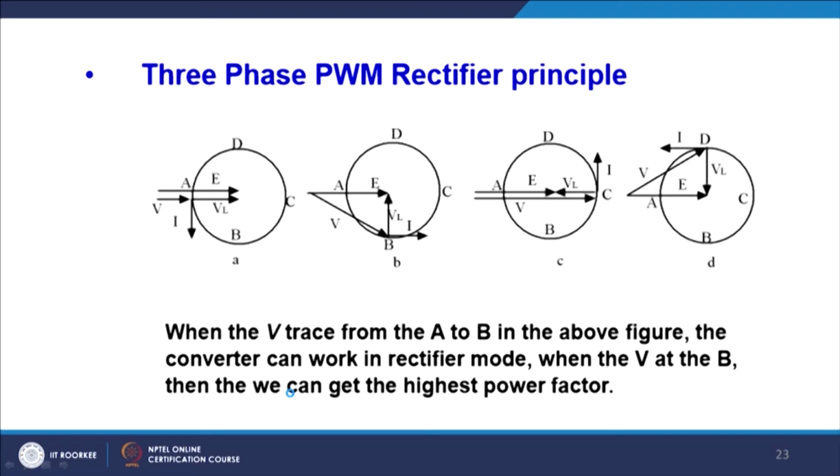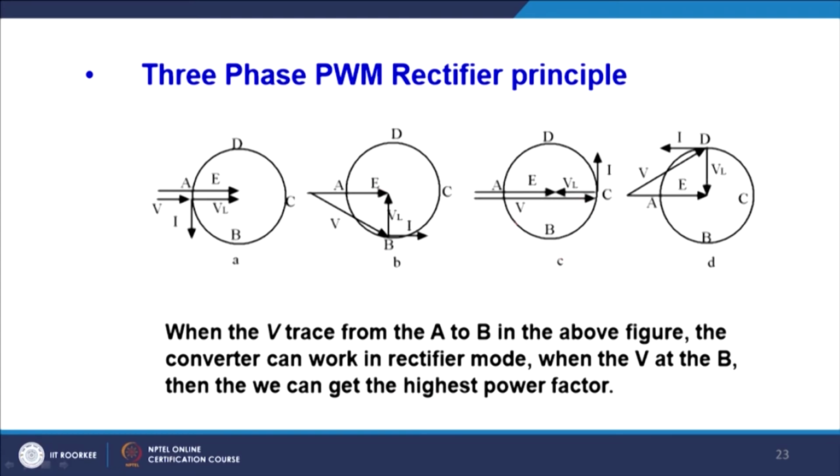So, when the vector V moves from A to B in the above figure, the converter works in rectifier mode. When V is at B, then we can get the higher power factor, then we can get the highest power factor.